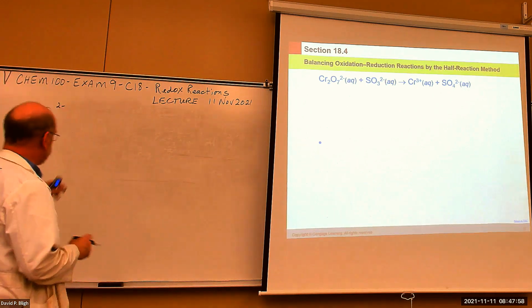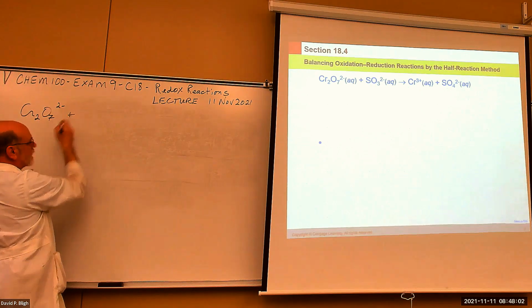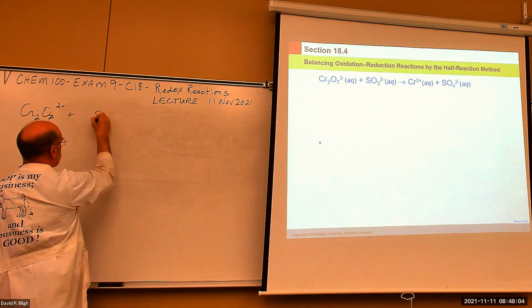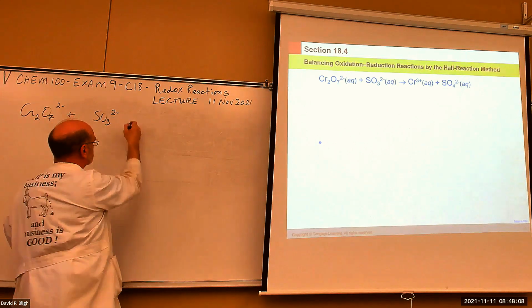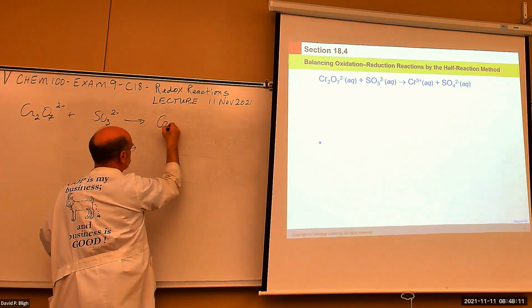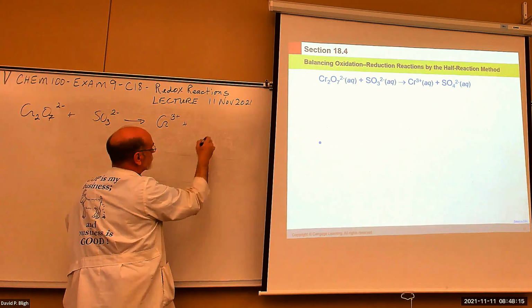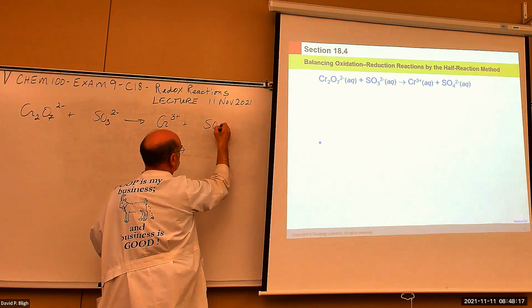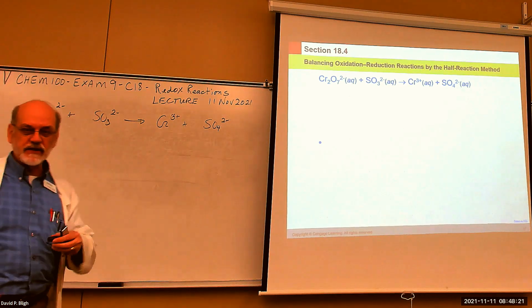So I'm not going to put that in there right now, just so I have more room. And then we're reacting that with sulfite to yield chromium 3 plus, and then sulfate. Okay, that's our unbalanced equation.